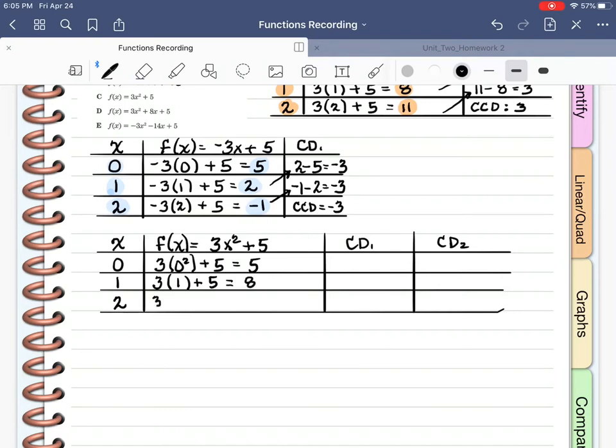And then 3 times 2 squared plus 5, that would be 12 plus 5 is 17. So this one would be an 8 difference 5, and this would be a 17 difference 8.